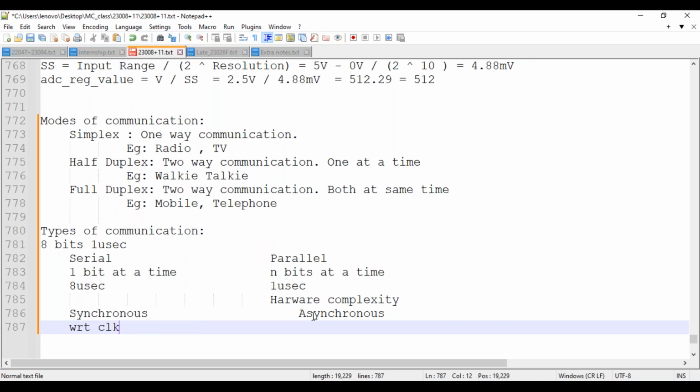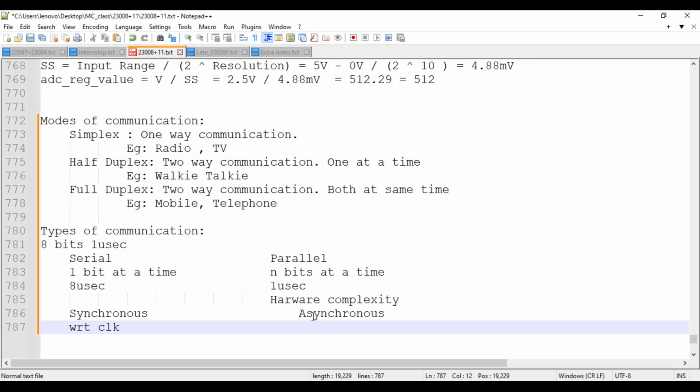Now, synchronous communication is used when you want to maintain the proper sync of the data. So synchronous communication happens with respect to the clock signal. Both transmission and reception happen with respect to the clock signal. Generally, the clock signal is generated by a device called the master.